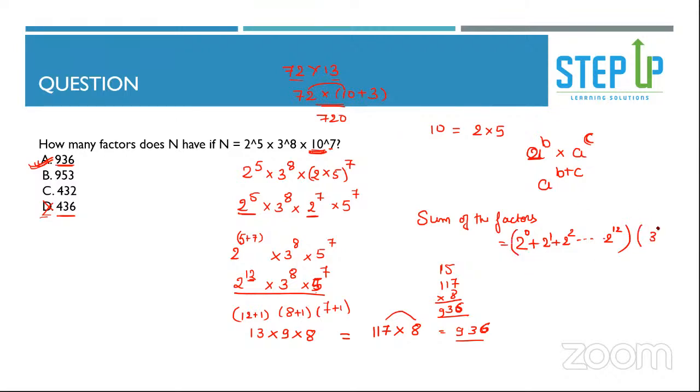Into 3 to the power 0, so on up to 3 to the power 8. Into 5 to the power 0, so on up to 5 to the power 7. Okay, I repeat, very rare, close to 0, somebody will ask you this question. But as we have discussed this concept, we have just moved on.